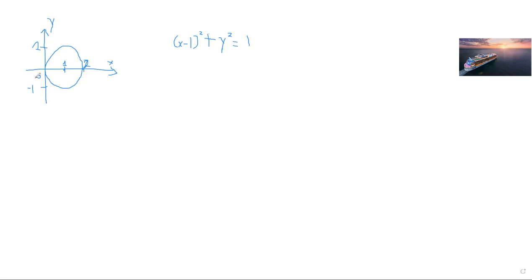And now let's say we had two lines passing through it. One line looks something like this, and one line looks something like this. And this would be y is equal to root 3 x, and y is equal to 1 over root 3 x.